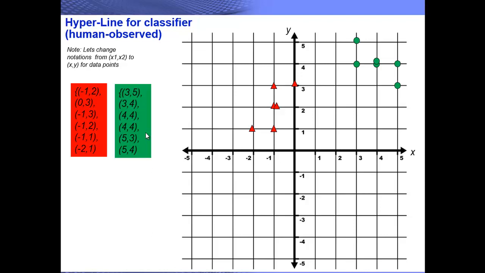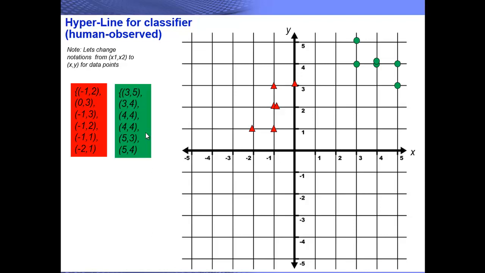Now let's do two activities in this video. The first is the human activity, where I will decide the hyperline. In the second activity we will see how, mathematically, we can decide the hyperline given data points of two classes.